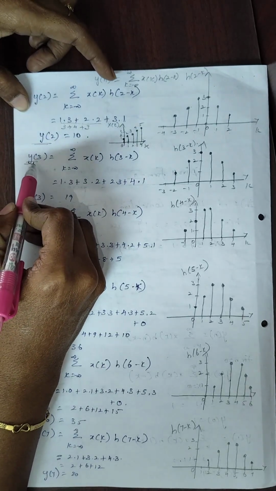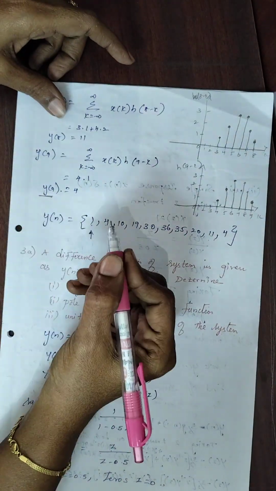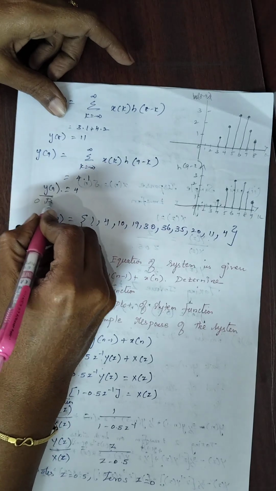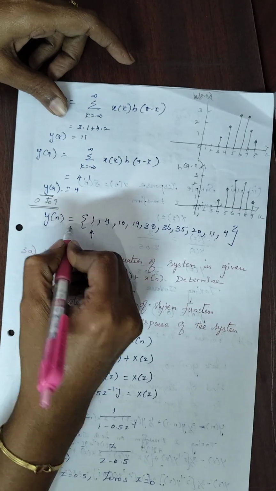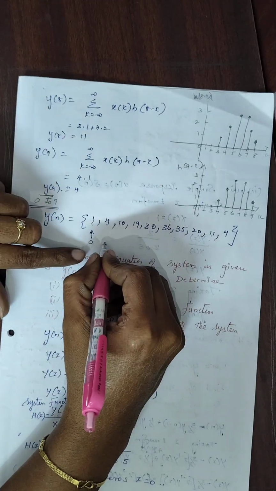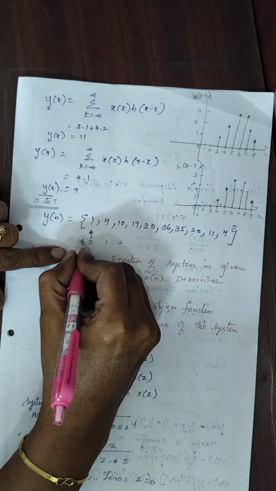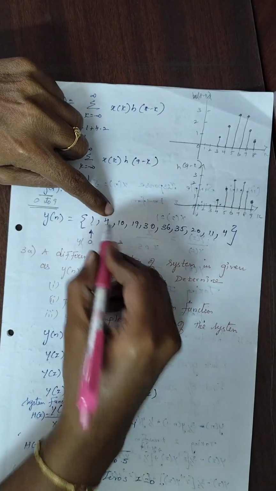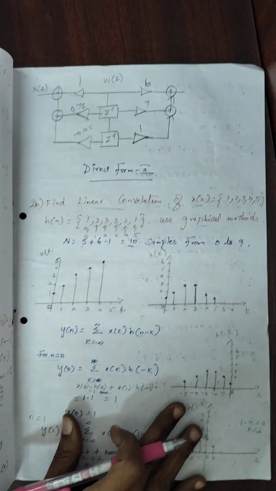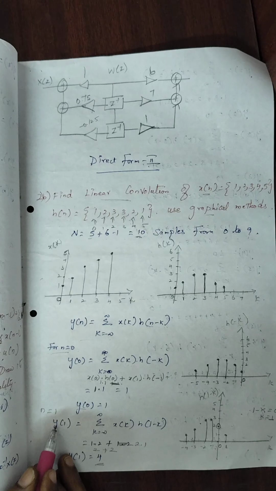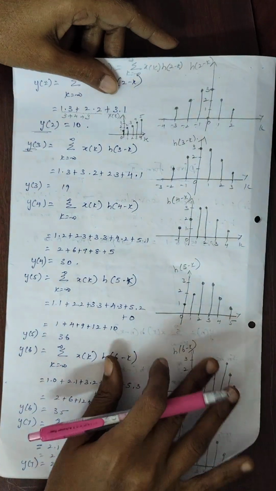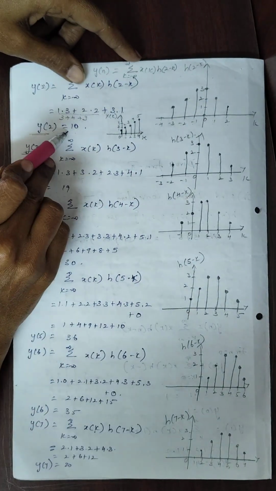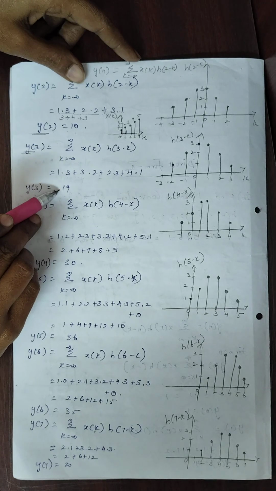We have to find up to y of 9; we have 0 to 9 samples. So y of n is equal to, this is y of 0, this is y of 1. We found y of 1 equal to 4, y of 2 the value is 10, and y of 3 the value is 19.